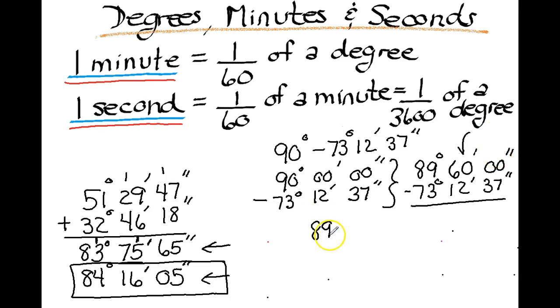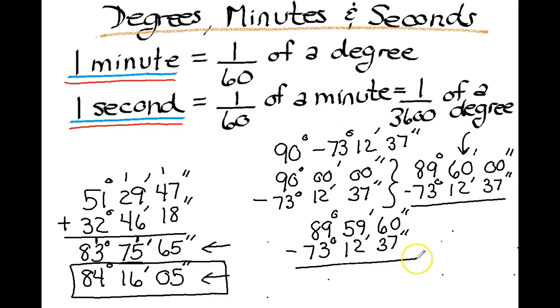So we have 89 degrees. When we take 1 minute away from 60 minutes, we get 59 minutes, and we're rewriting that 1 minute as 60 seconds. Now you can see it's much easier to subtract our two angles when we regroup.